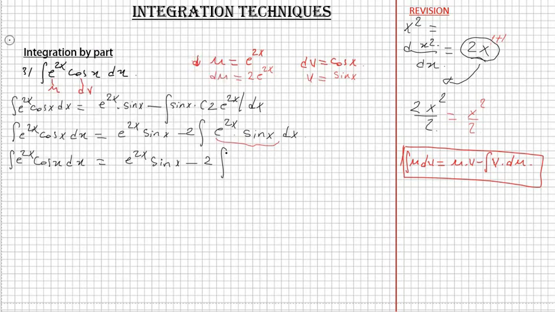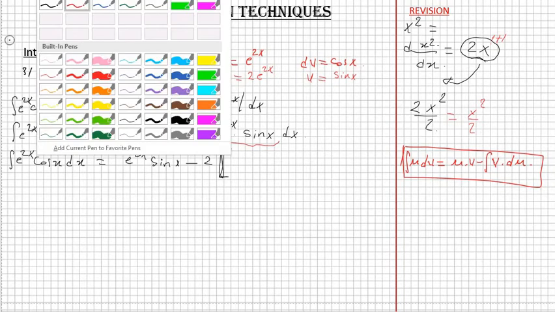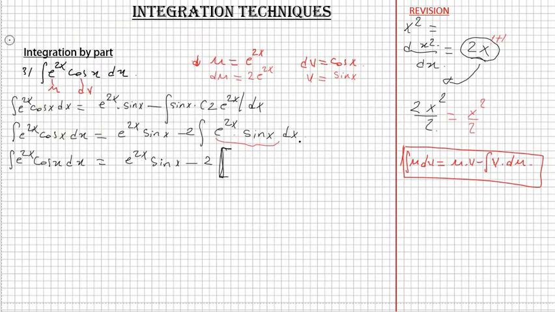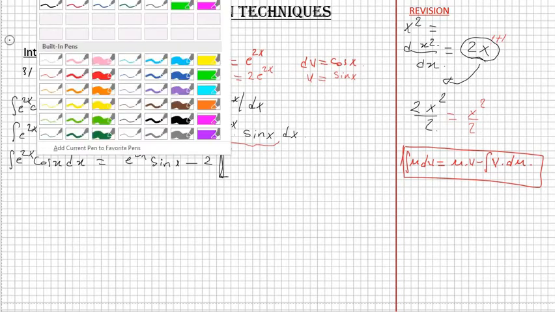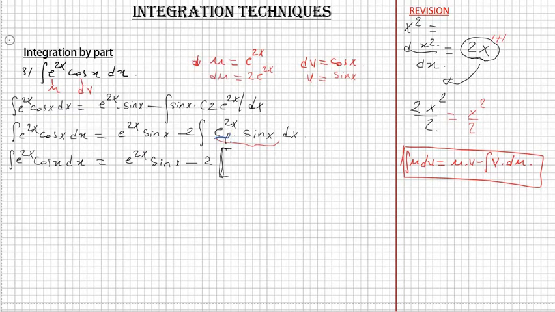So again, if I apply the same technique, so this is u and that one is the derivative of v.